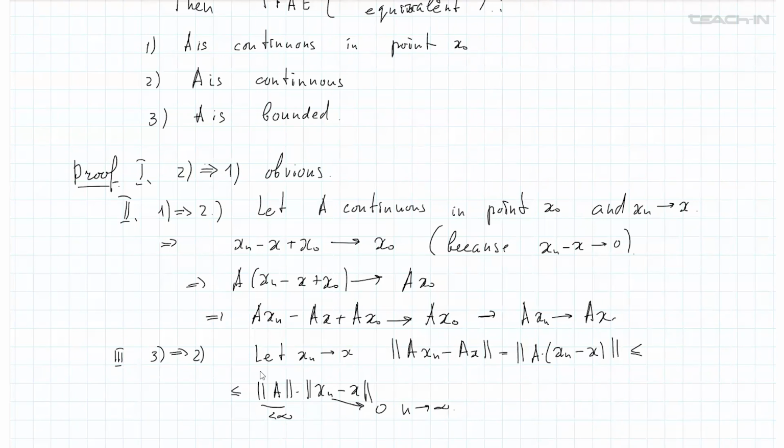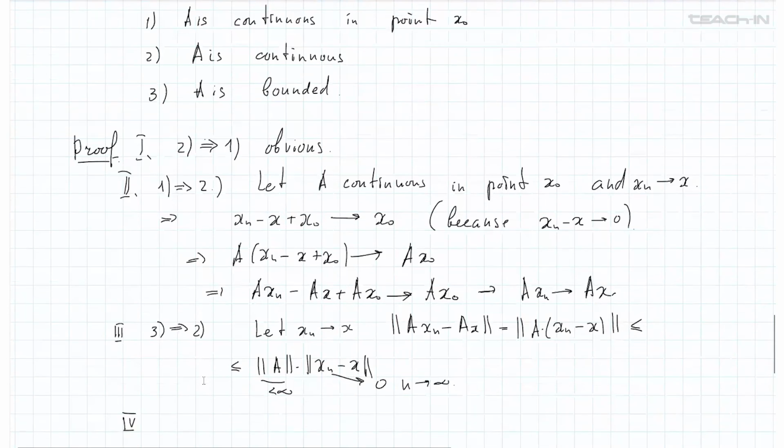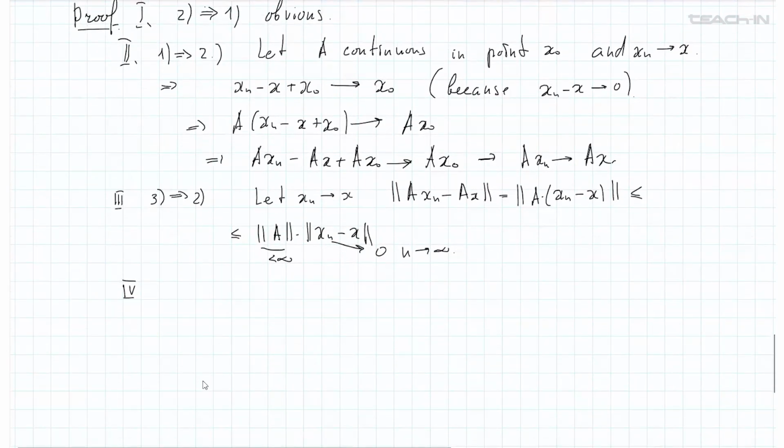And the last step of our proof, from 2. We know that the first property is equivalent to the second property, so we go from 2. By contradiction, let operator A be not bounded.